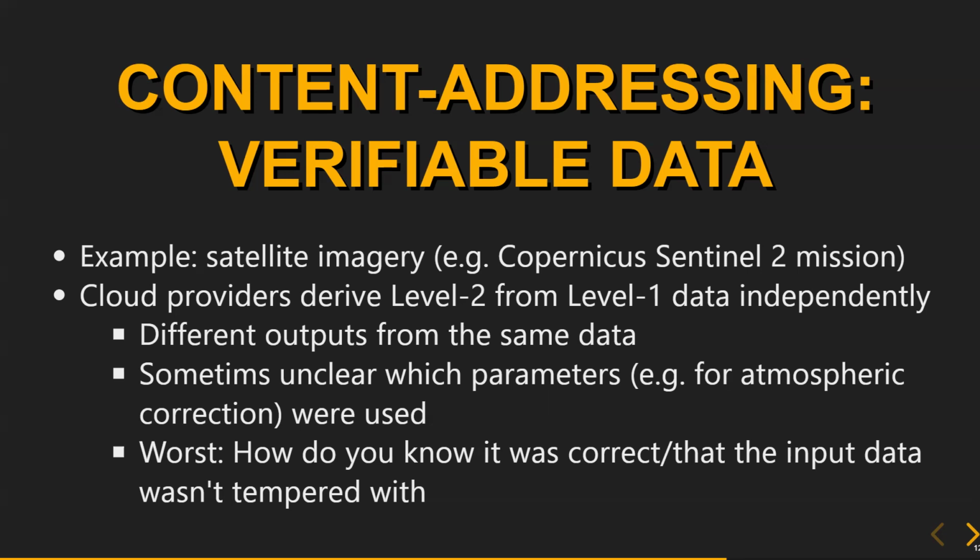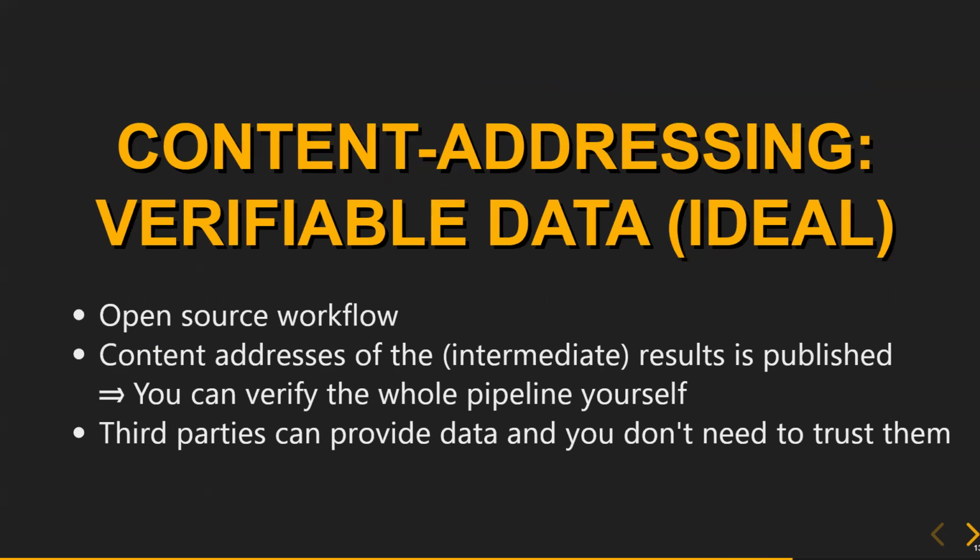they couldn't get away with it, because then, and this is what I dream of, you have a pipeline which is open source and you have those steps. And with each step, you also publish the content addresses of the results. So you basically have the full chain of results and the content addresses.